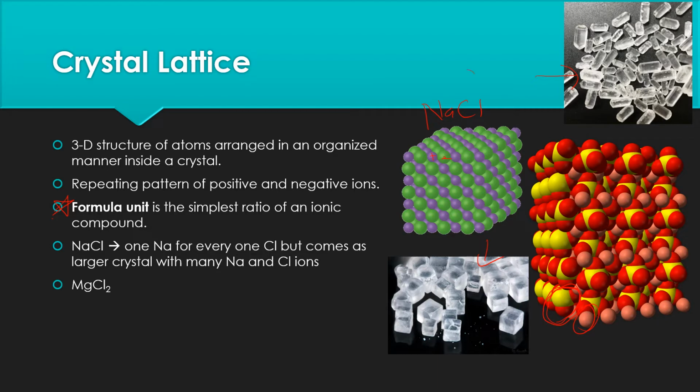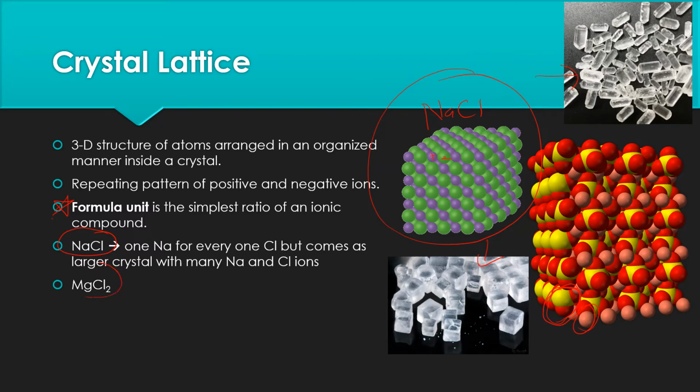But when we look at the structure, we have a lot more atoms than that. It comes as a larger crystal with many sodium and chlorine ions. And so we get this repeating pattern of positive and negative. And the formula unit, NaCl, just shows us the ratio of the positive and negative ions. How many sodium do we need for how many chlorine, basically.